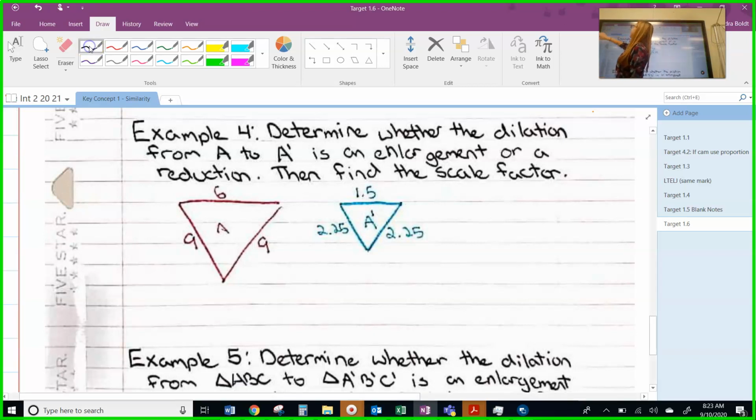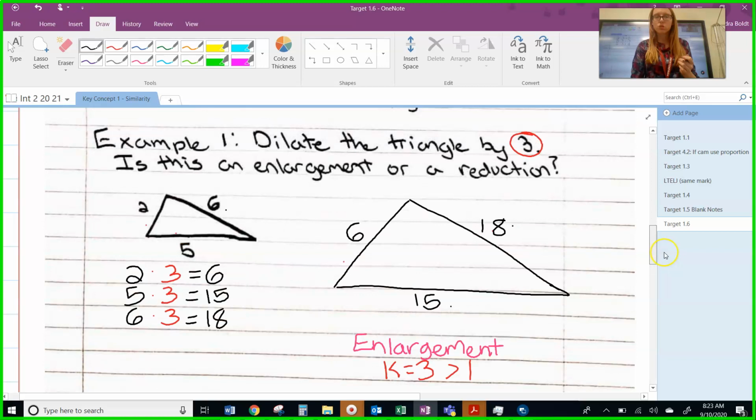And just like we did before, when I dilated it, I took every number here and multiplied by some number k. Right, if we go back up to here, I took every number and multiplied it by the same thing and got my new numbers.